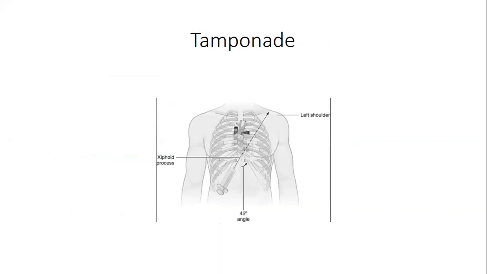This picture demonstrates the approach to management of pericardial effusion, approaching the pericardial space at 45 degrees just below the xiphoid process, aiming towards the tip of the shoulder.